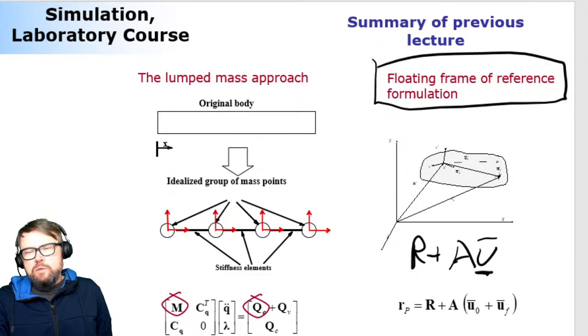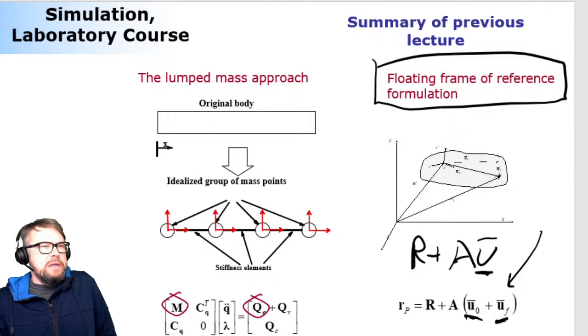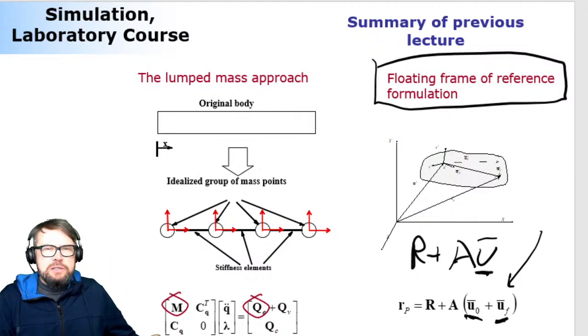U bar will actually consist of two components. The one that shows where the particle is initially located, and how it is deforming, how it is changing its position as a function of time. And now because of this new guy here, u bar f, which is describing the deformation, everything will be changed.